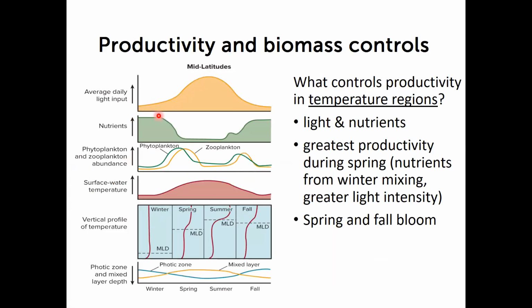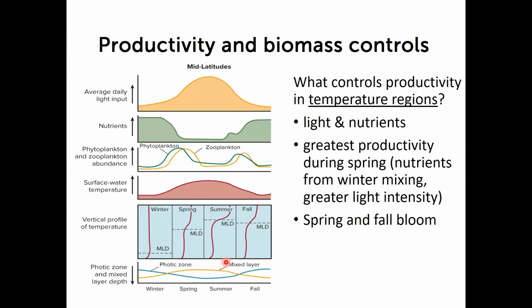and all of these nutrients that have been mixed up to the surface during the winter are going to be consumed, and we're going to get this nice spring bloom. But as we move forward into spring and summer and temperatures increase, we see the depth of the mixed layer move up. So now in the summer, we have a more shallow mixed layer.